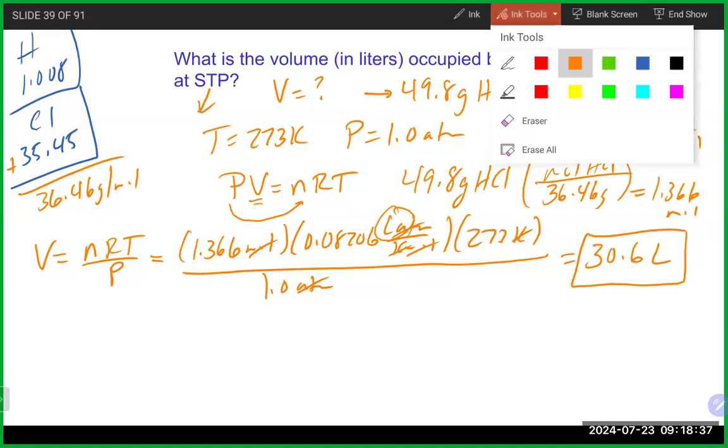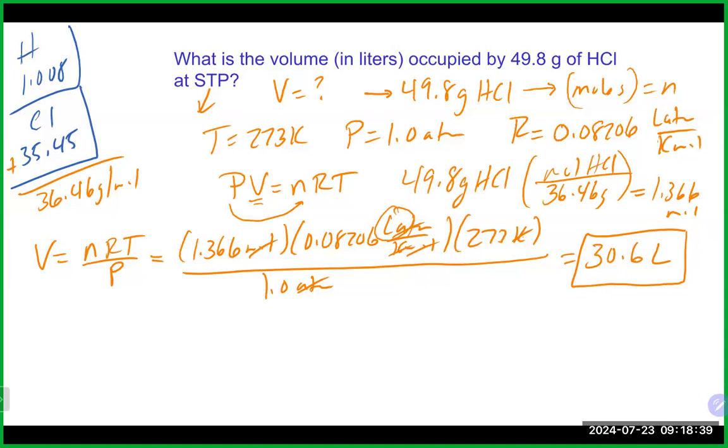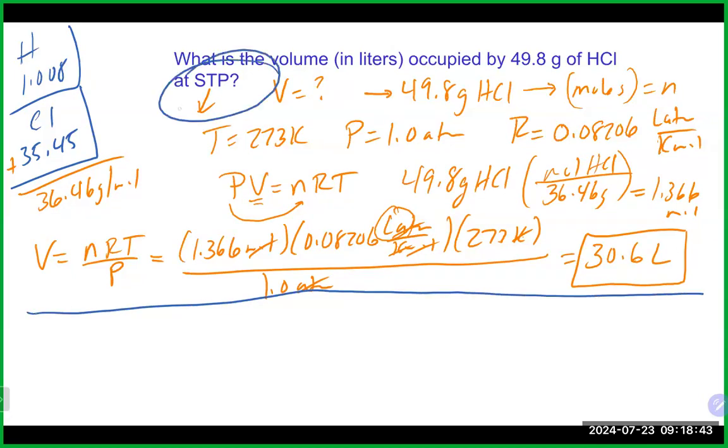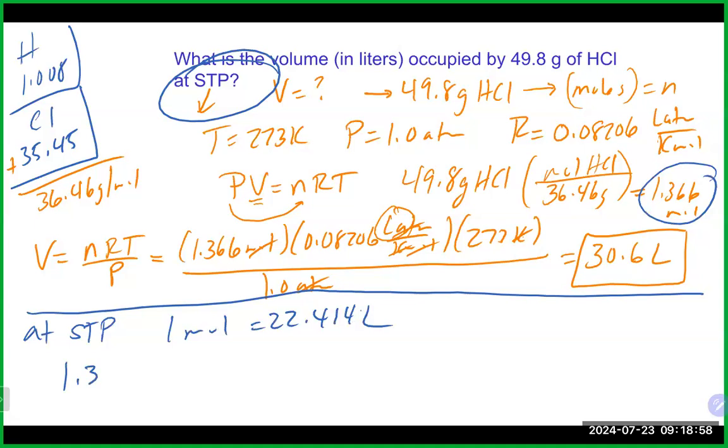By the way, could I have solved this another way? I could have in this case. Because we were at STP conditions, this is where we could use that relationship of 1 mole is 22.414 liters, which means I could have just picked it up right about there and taken my moles and used that as a conversion factor.